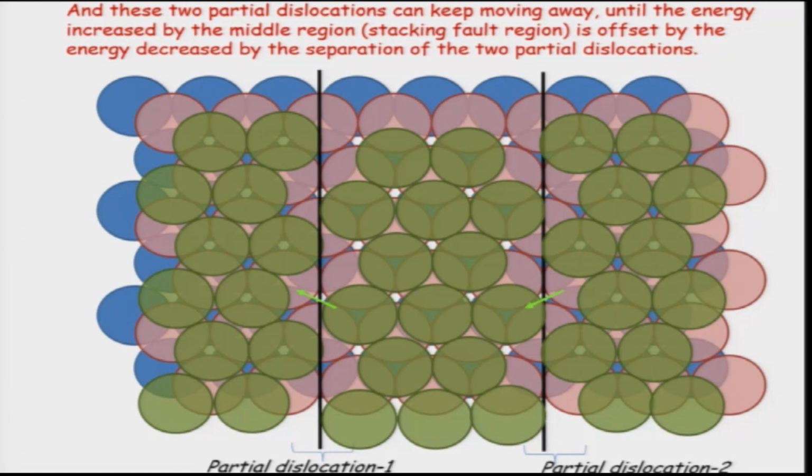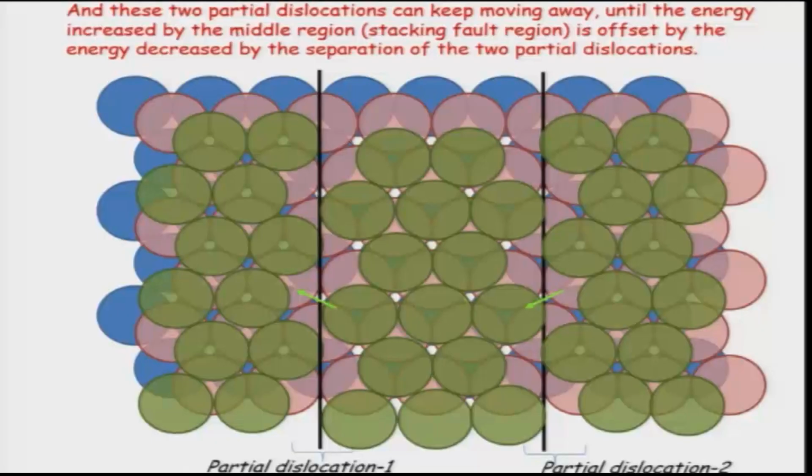Now, how far the partial dislocations move will determine how long this stacking fault region is, and the larger the stacking fault region is, the larger would be the energy.